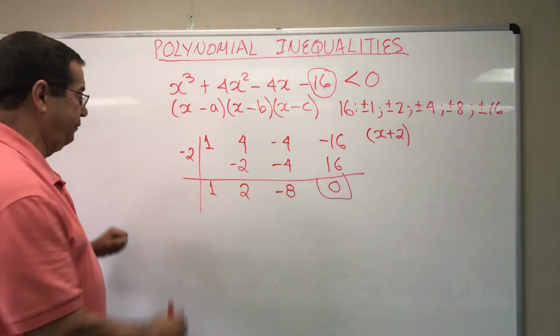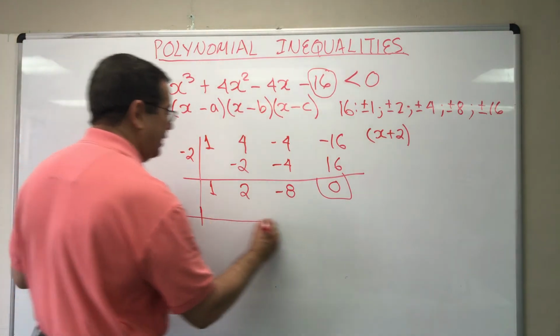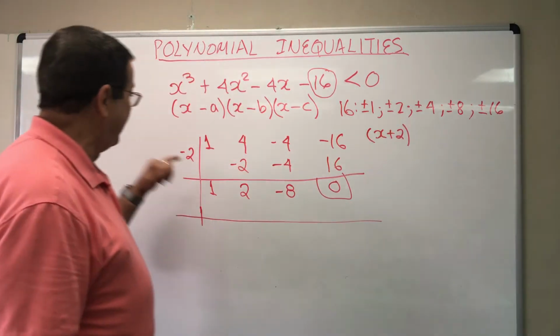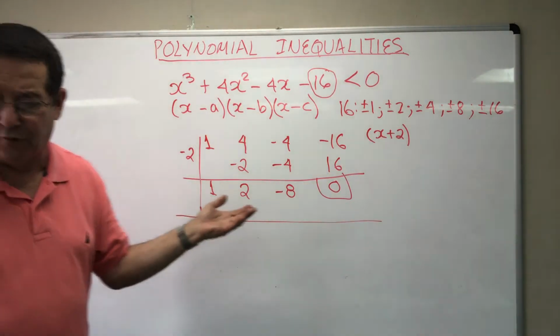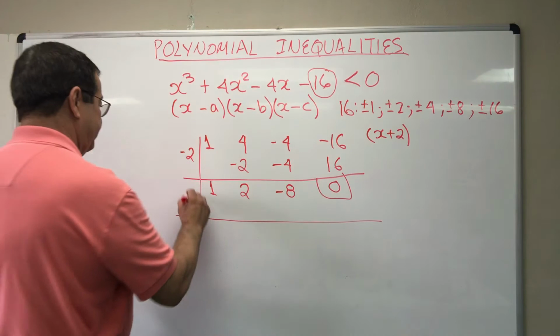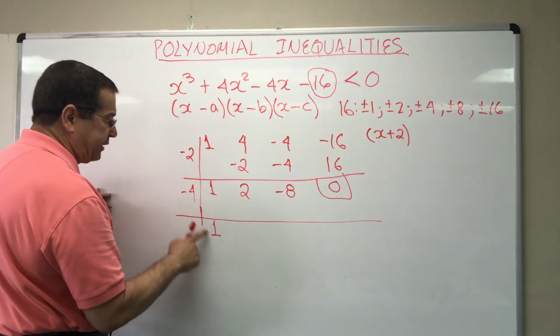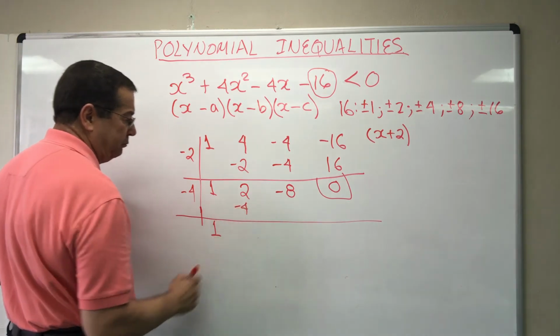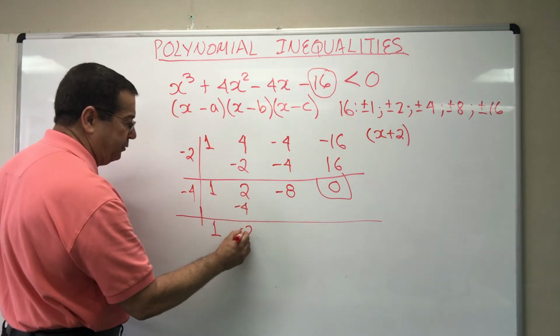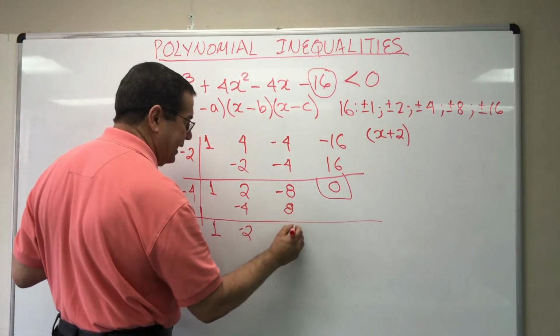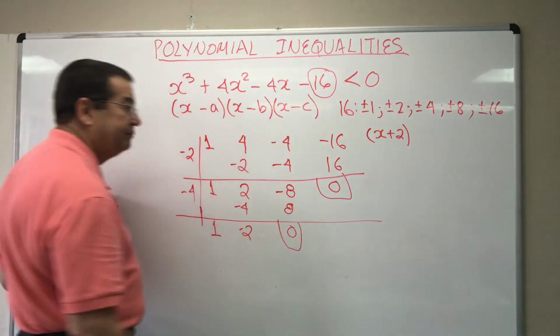We continue to find another factor. You can use whatever you want from this list. I'm going to use another one, for example, negative 4. 1, negative 4 times 1 is negative 4. When you add, it is negative 2. Negative 2 times negative 4 is 8, and when you add here, it is 0 again.